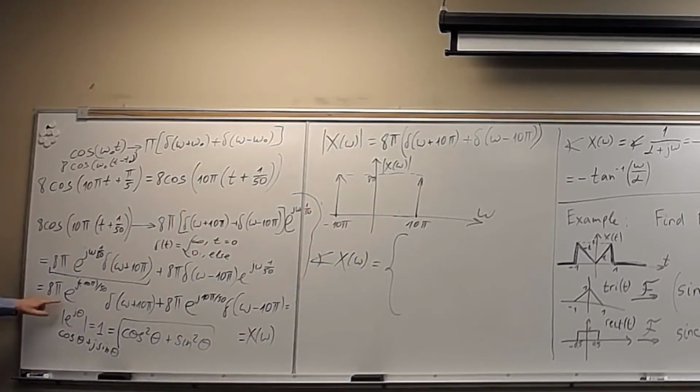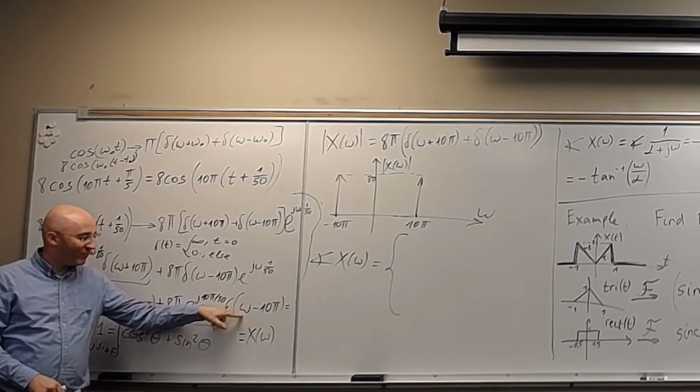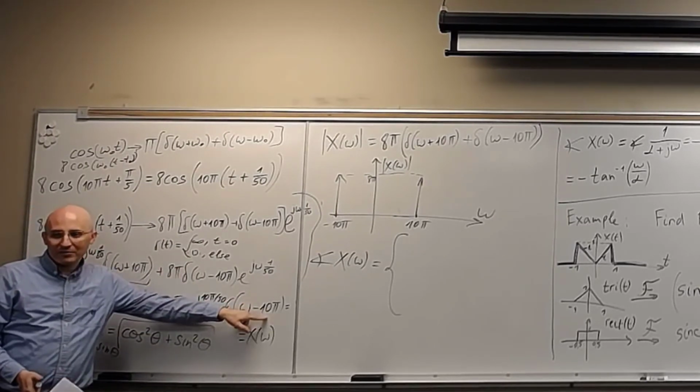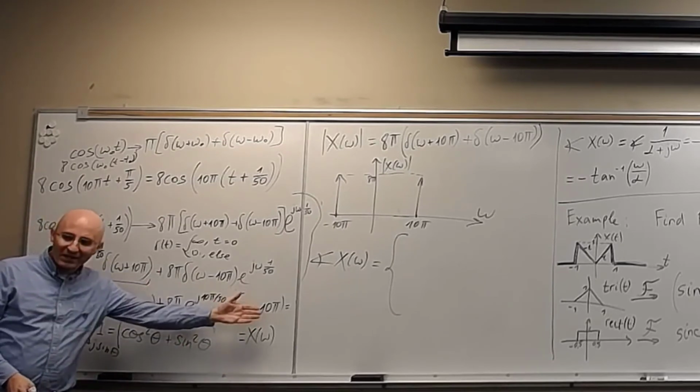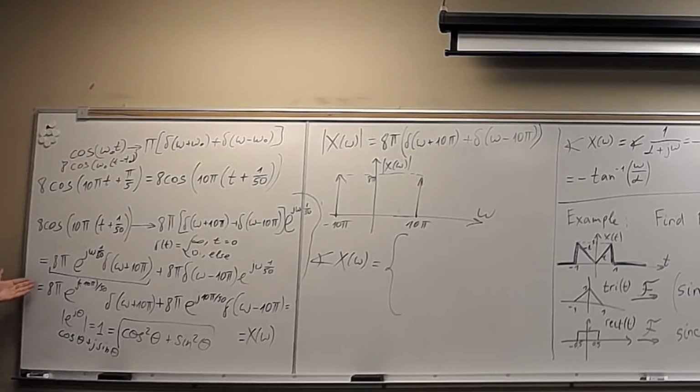It's 8 pi e to the power of something, delta of 5 plus 10 pi. What is 5 plus 10 pi? So delta is at that number, what will it be? 0. So 0 times whatever, plus 8 pi e whatever, delta of 5 minus 10 pi, still 0. So what is that entire thing? 0. Good. It's easy to compute.